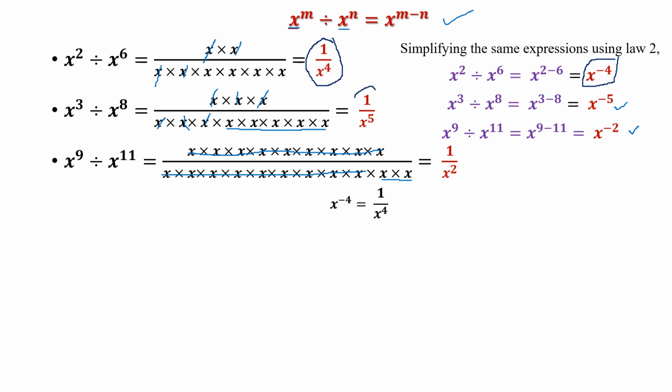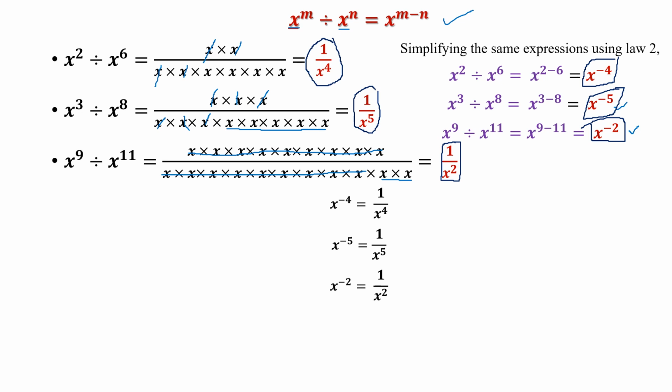Likewise, 1 over x to the power 5 is the same as x to the power minus 5. The last one, 1 over x to the power 2 is also the same as x to the power minus 2.